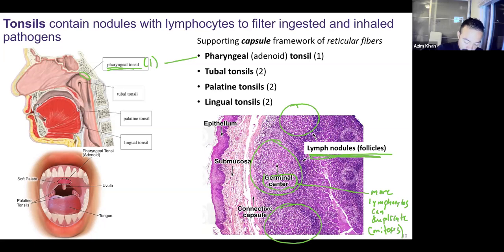There are 2 tubal tonsils, and let me write this over here. This is in the nasopharynx. The tubal tonsils are surrounding the entry to auditory tubes.